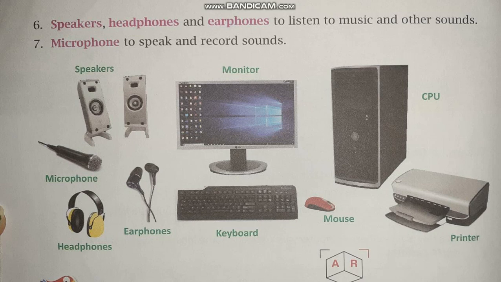Here we can see images of some parts of a computer. First one is speakers. Second one, monitor. Third one, CPU. Fourth one, microphone. Next, headphones, earphones, keyboard, mouse and printer. They are all parts of a computer.